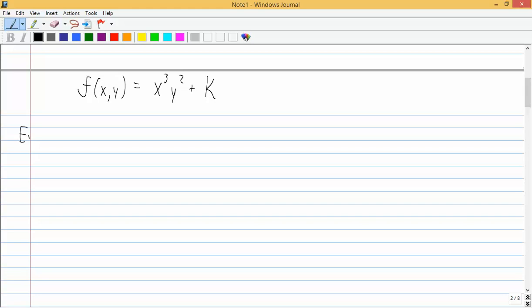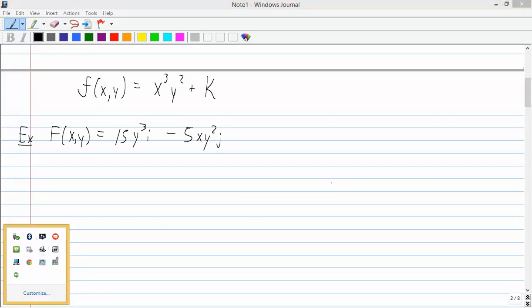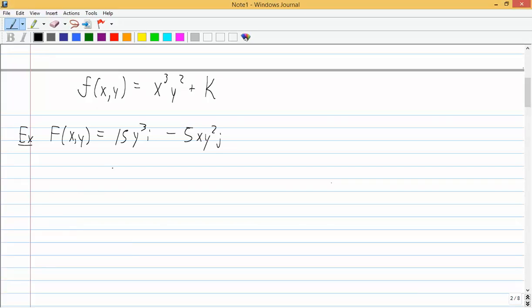All right. So what about this one here? F of x, y equals 15y cubed i minus 5xy squared j. So let's see if this has a potential function. First, you have to make sure that the vector field is conservative. I'll give you a second to do that. So you take the partial of M with respect to y, and you get 45y squared.